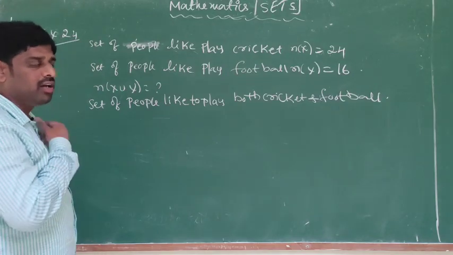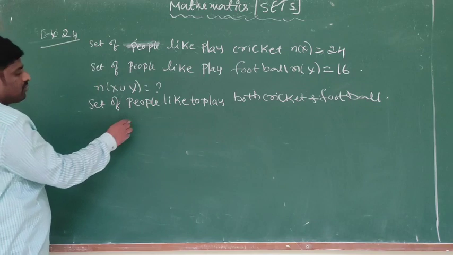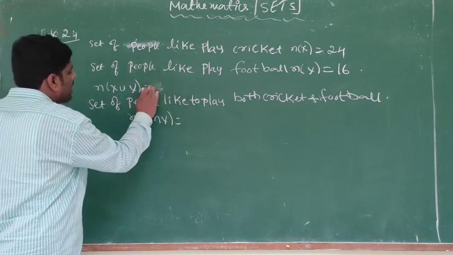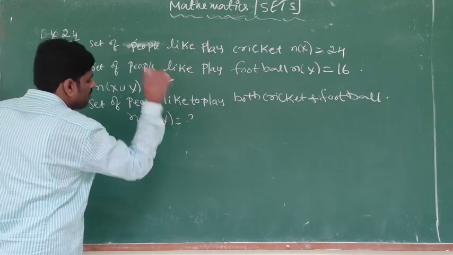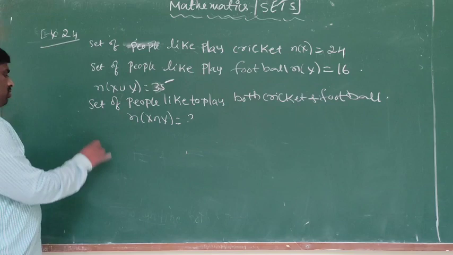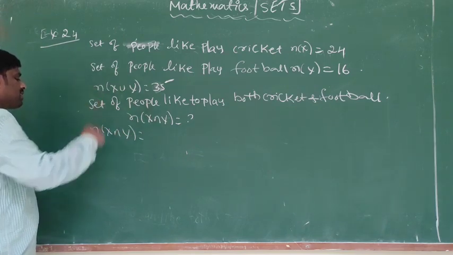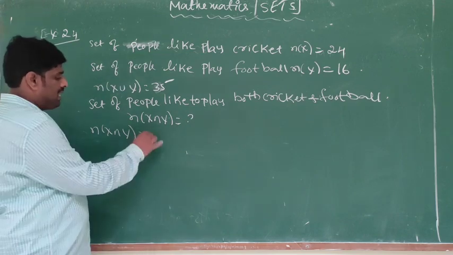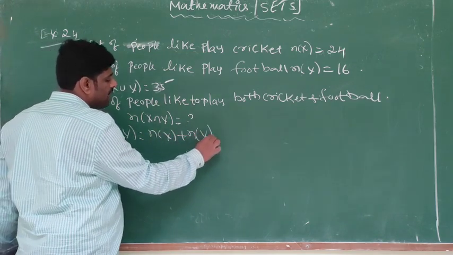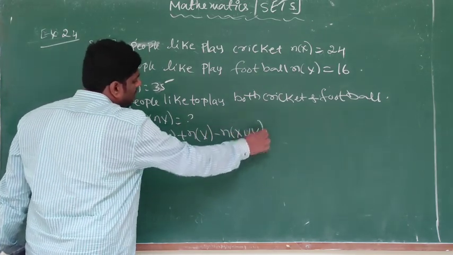Both cricket and football, that is n of X intersection Y. Here n of X union Y is 35, given. n of X intersection Y we have to find. So now we have the direct formula: n of X intersection Y is n of X plus n of Y minus n of X union Y.